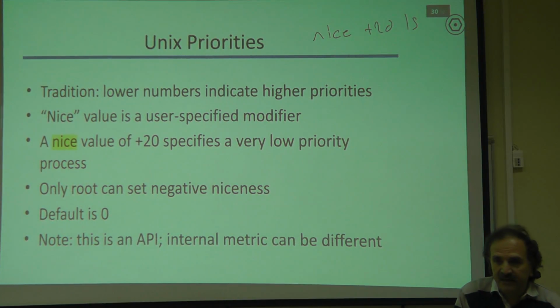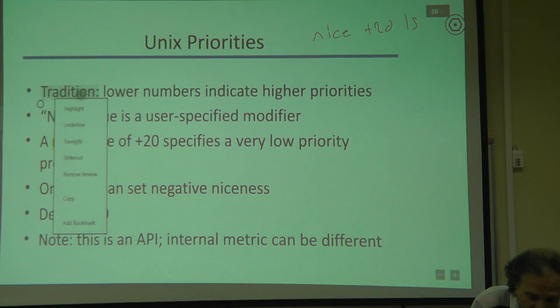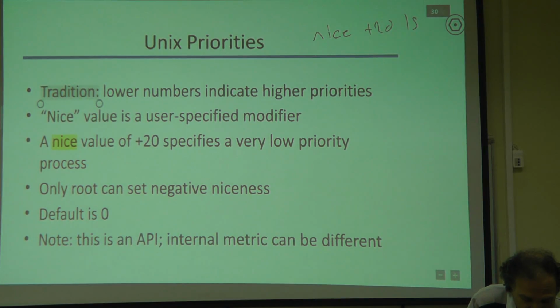You cannot make it higher. Only if you are the administrator, only if you are the root, you can make it higher. But you can make it lower. Negative number makes it higher priority. Positive number makes it lower priority. Traditionally in Unix, lower numbers indicate higher priorities. The default is 0. It doesn't do anything.